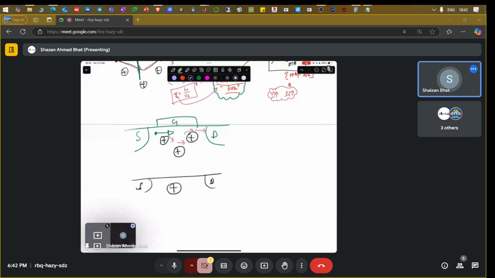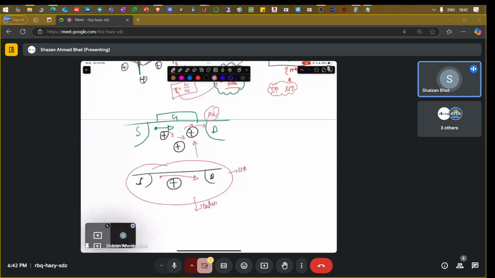The electron will come, undergo a single scattering event, and then go directly into the drain. So the mobility in this case will be greater and in the other case lower, because here the scattering is low compared to that. That is one concept, and it is necessary because it affects the mobility.